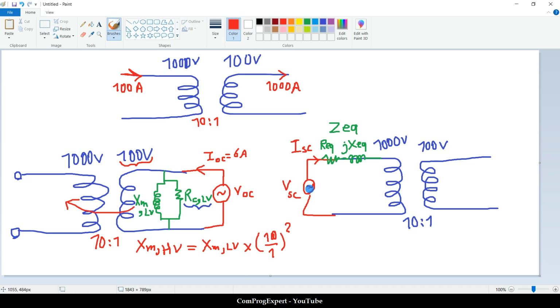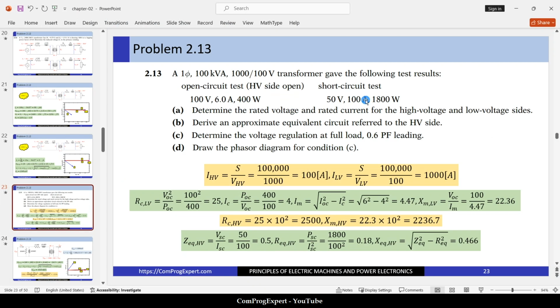In the short circuit test, we increase the voltage gradually and short circuit the secondary side. We increase the voltage until getting the rated current here. What is the rated current here? It is 1000 amps. And when we have 1000 amps here, the current of the primary will be 100. Yes. So this is the current of the short circuit, similar to this one, voltage of the open circuit.